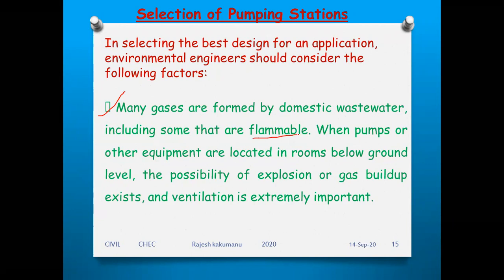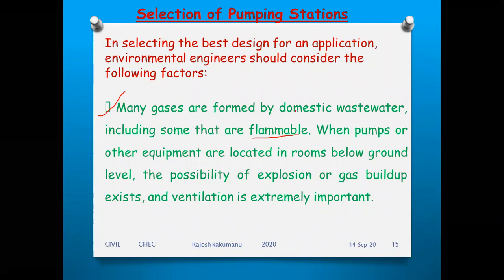When pumps or other equipment are located in rooms below ground level, the possibility of explosion or gas buildup exists, and ventilation is extremely important.